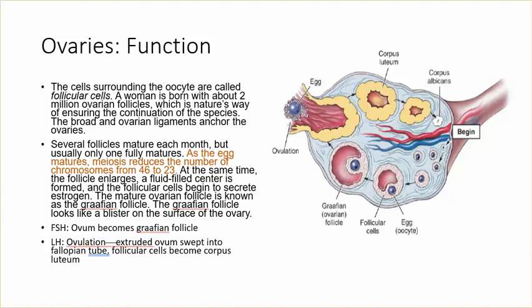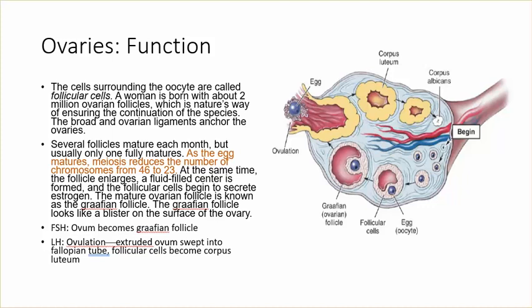Now, each one of these oocytes, because it's stuck in meiosis, can't do metabolism very well. So they're surrounded by these cells called follicular cells. And the follicular cells are the support cells for this oocyte.